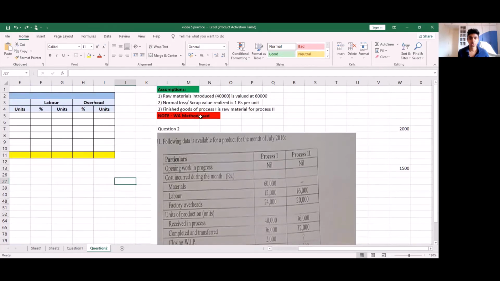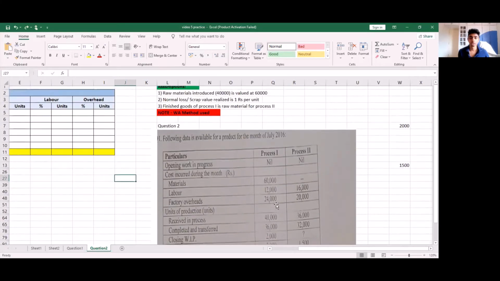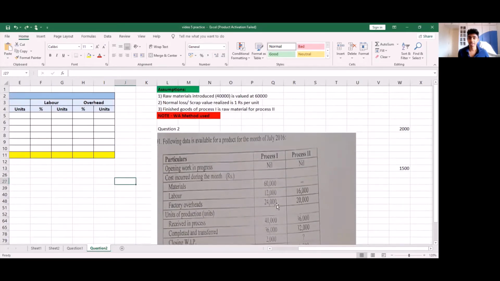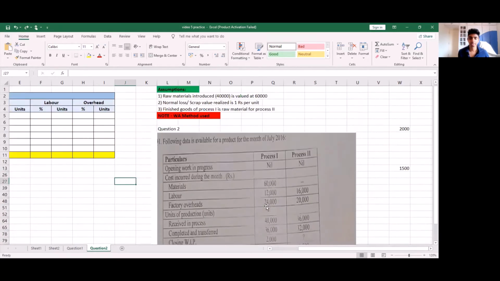Input of material or raw material introduced units is 40,000, which is valued at 60,000. Our second assumption is usually we are given normal loss realization or scrap value realized. But in this question, we are not given. So we will make an assumption that scrap value realized is 1 rupee per unit.